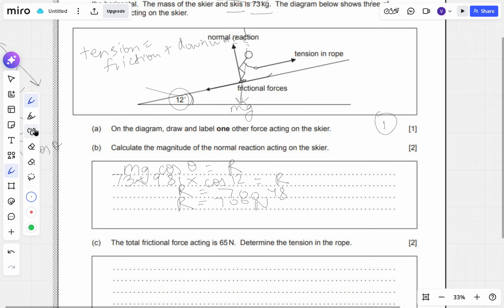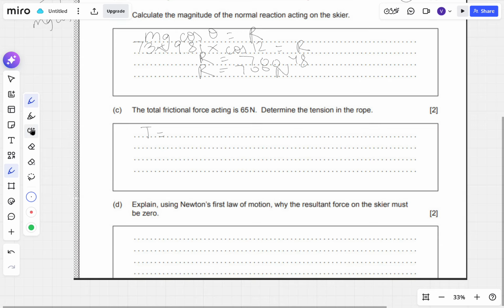So, because it's moving at a steady velocity, the total frictional force and mg sine theta would be equivalent to the tension. So let's just equate this. T equals mg sine theta plus the frictional force. The frictional force is 65 newtons.